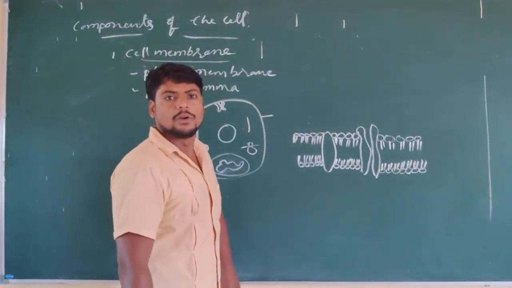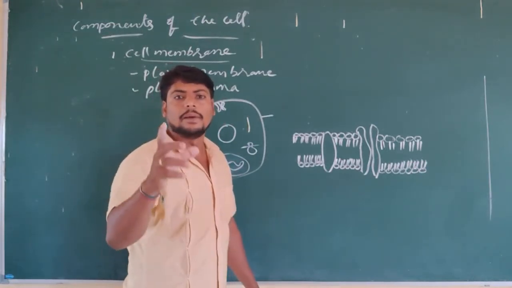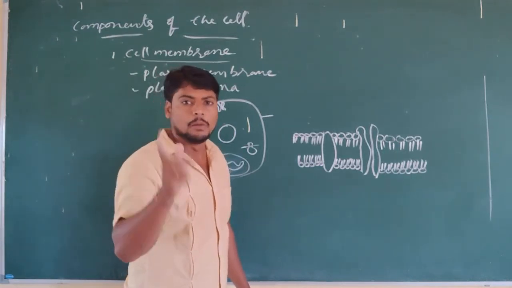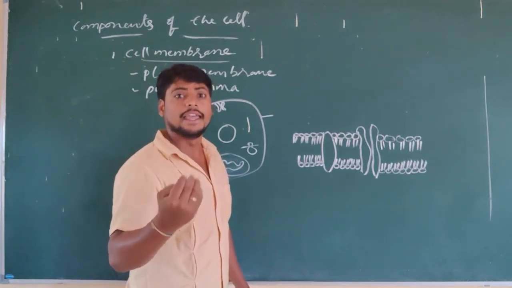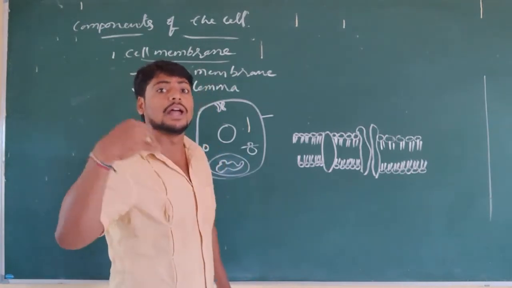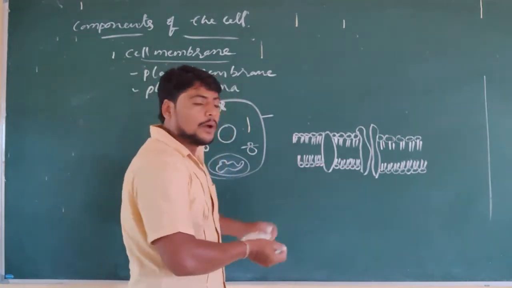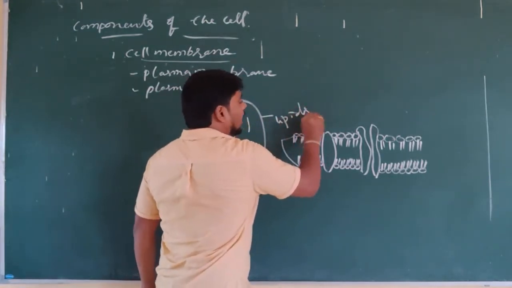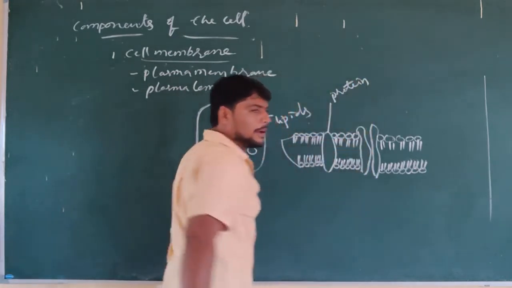For example, if you go to Tirupati temple or Shirdi, they use a metal detector to find if we are carrying any mobile or other unwanted materials, and they send them out. That is selection: which should be allowed and which is not allowed. Here also, the phospholipids are lipids, and this is the protein of the plasma membrane.